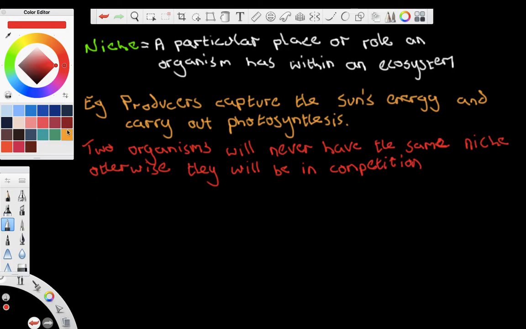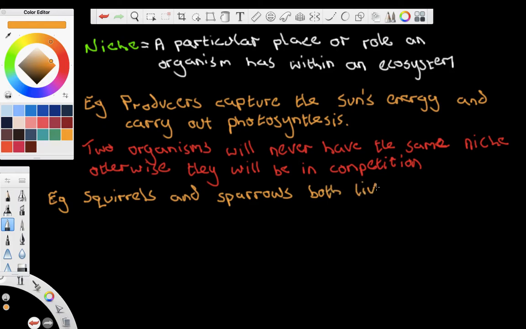And we can say underneath here, e.g., squirrels and sparrows both live in trees.